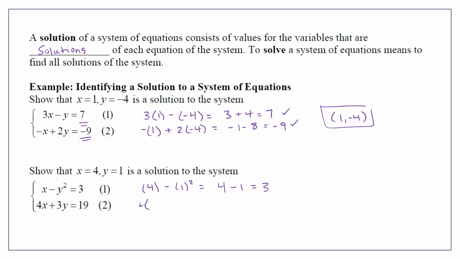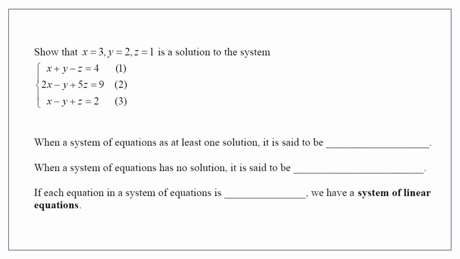We'll do the next one as well. 4, that's plus 3 times 1, so 16 plus 3 is 19. Those values are the same values in our system, so we know the point (4, 1) is a solution to our system. Okay. Let's do a 3-equation system.